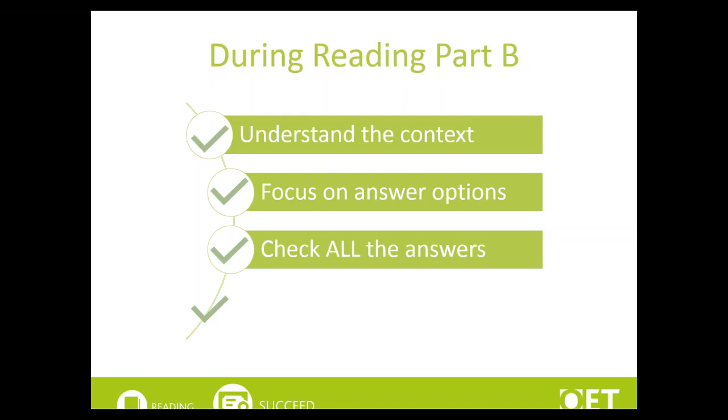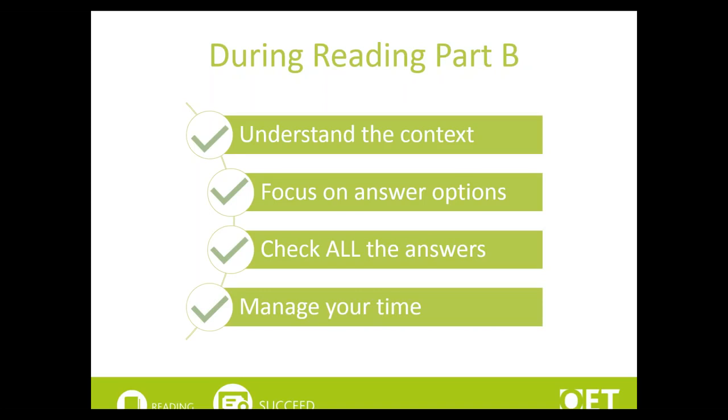You should be able to find evidence for why one answer is correct and the others are wrong. Remember, all parts of the answer option must be covered by the text. Manage your time, as the 45 minutes is for both parts B and C. You probably want to move on from Part B after 10 minutes to leave 35 minutes for Part C.